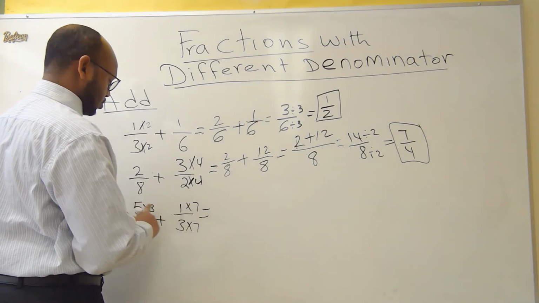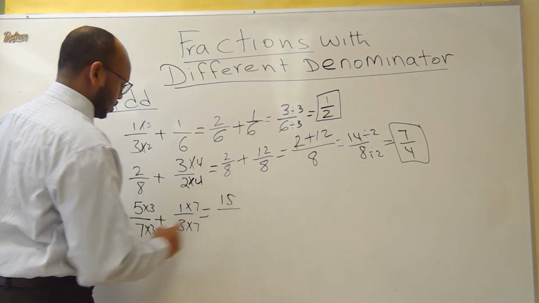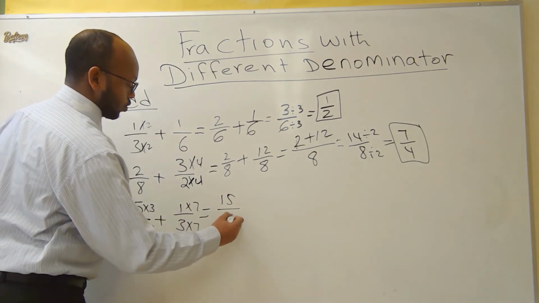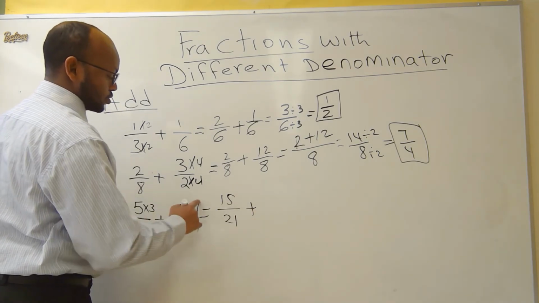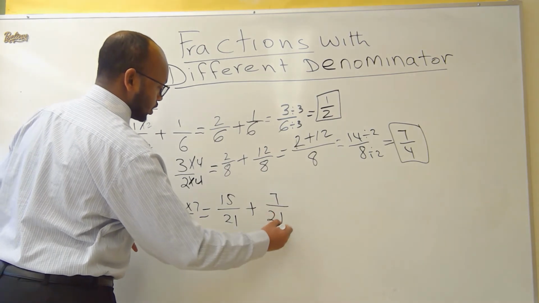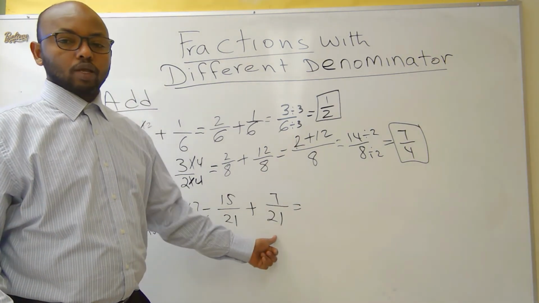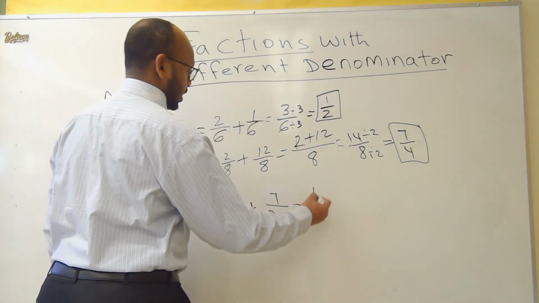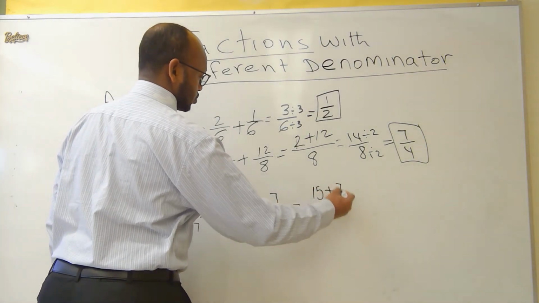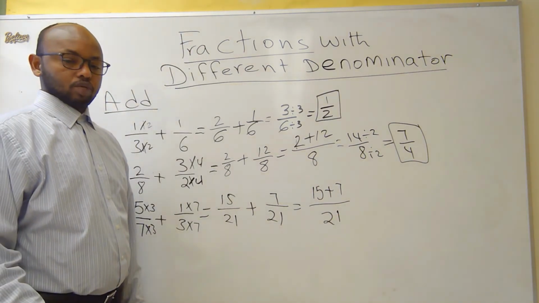So 5 times 3, which we have to do first, is 15 over 3 times 7 is 21, plus 1 times 7 is 7 over 3 times 7 is 21. Now I have a common denominator, which is 21. So let us add the tops of the fractions and rewrite one of the denominators.